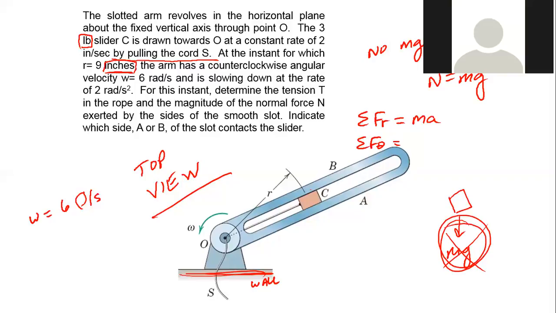No, we don't have pounds mass in mechanics. That's thermofluids stuff. So remember, M is equal to weight over g. So for mass, it's going to be 3 over 32.2.